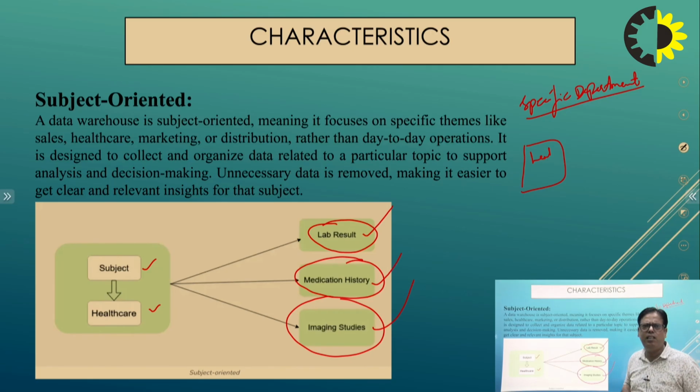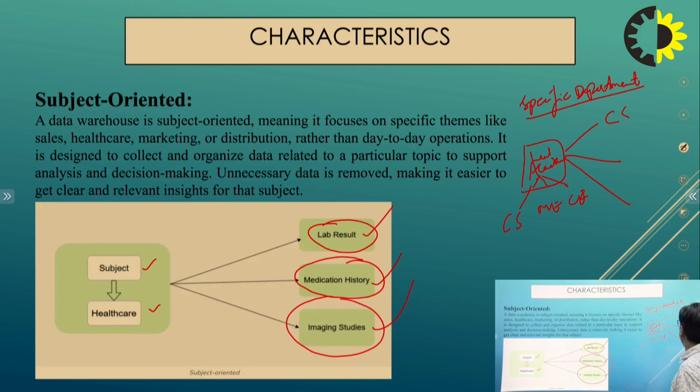We can take another example of subject oriented, like a data warehouse of academics, and there are many branches here: CS, mechanical and civil. We bifurcate the data warehouse subject-wise. CS is a separate department, mechanical is also a separate department, and civil is also a separate department.